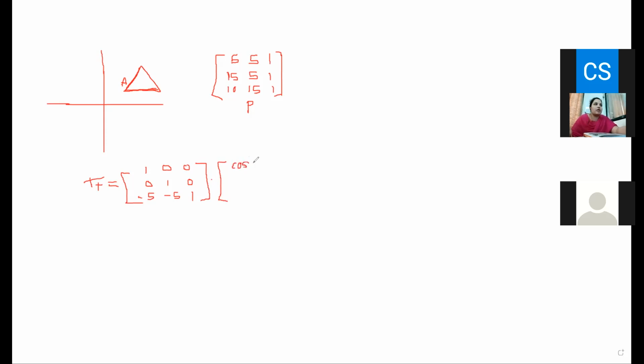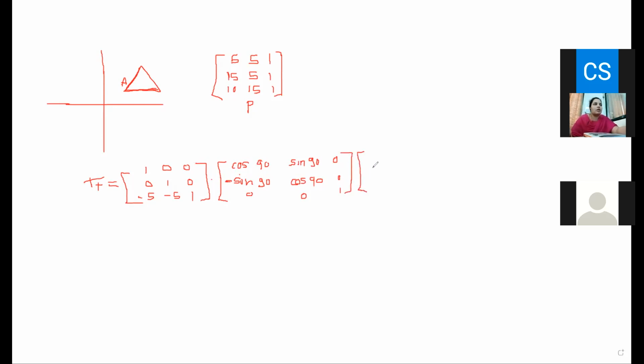So cos of 90, then sine of 90, 0, then minus sine 90, cos 90, 0, and 0, 0, 1. This is your T rotation.